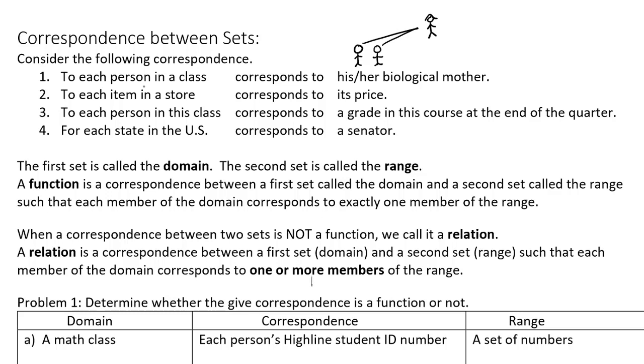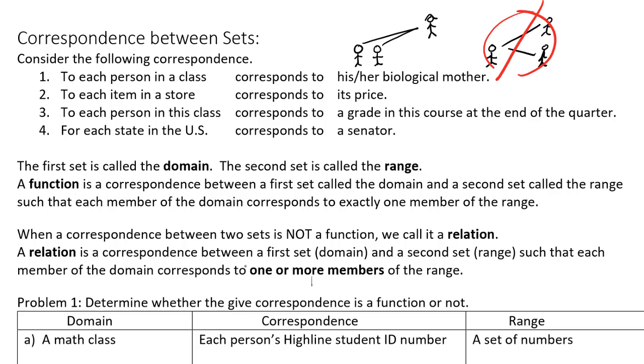The correspondence is a person in the class has a mother. But you can't have one person in the class who has two different mothers, biological mothers. That does not work. So the point is, the first one is fine. The second one is not a function.